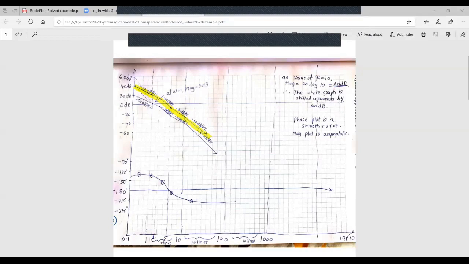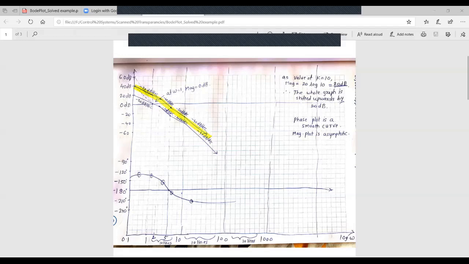So it should be drawn in the normal way with which we draw graphs. It is a smooth curve, and the magnitude plot has angles, corners, as you can see. So this plot is known as the asymptotic plot, and this is a smooth curve. I hope you understand the difference.